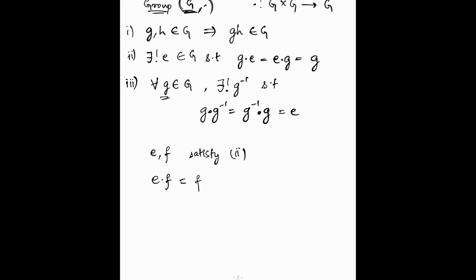But then f is also an identity, so e times f shouldn't change the value of e, right? That's where the uniqueness comes in. This is just an illustration to show that the uniqueness is a property that you can just get. But in essence, these three additional properties, when given to any set along with some multiplication on it, make up a group.